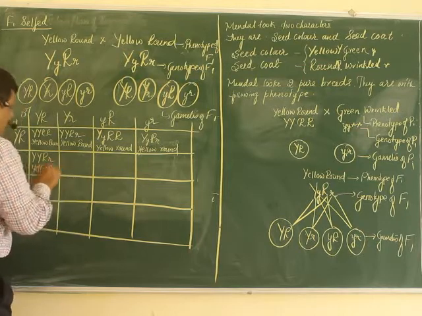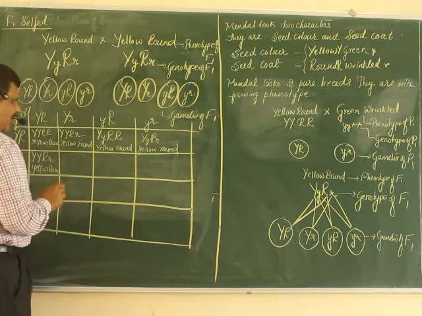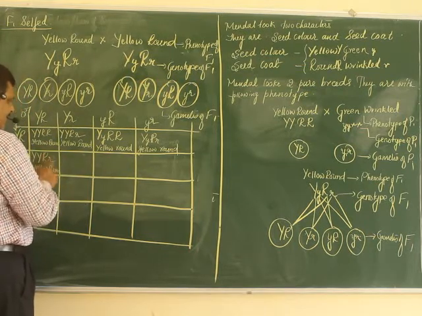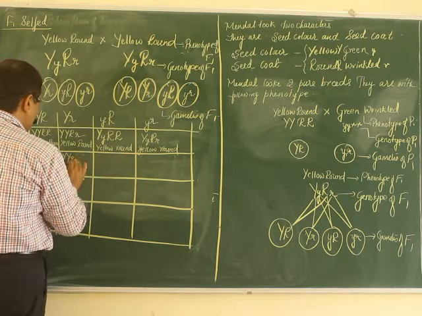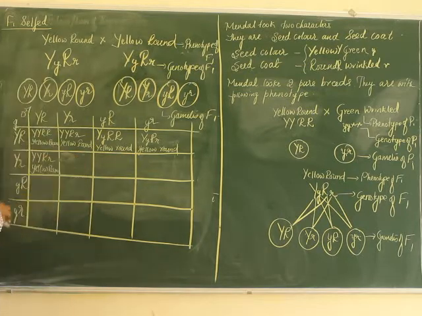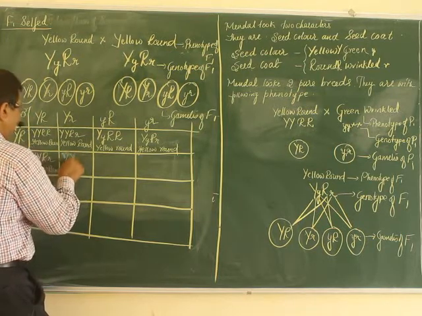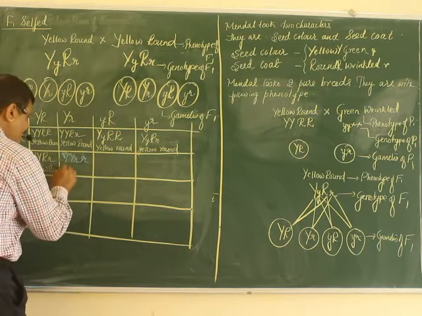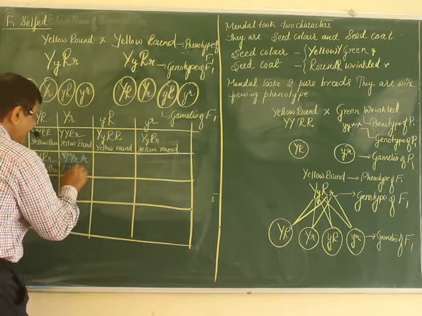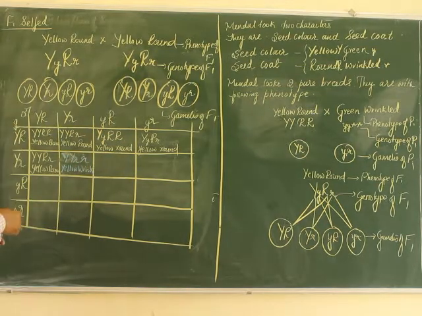In exam, you should write this also. Some students may not write this. If you won't write this phenotype, you will lose marks. Capital Y, small r, small r, I will write in a different color. That means it is yellow but wrinkled.